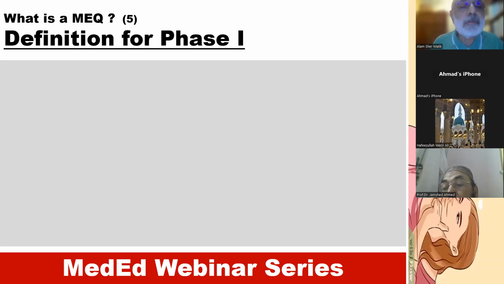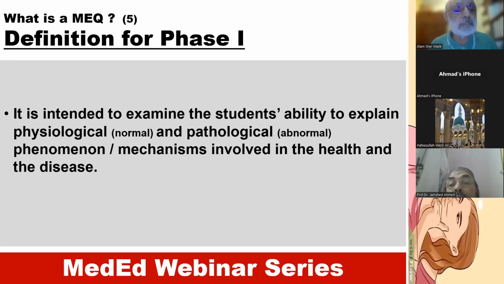The definition of a modified essay question for phase 1 students can be as follows. It is intended to examine the student's ability to explain physiological and pathological phenomena or mechanisms involved in health and disease.